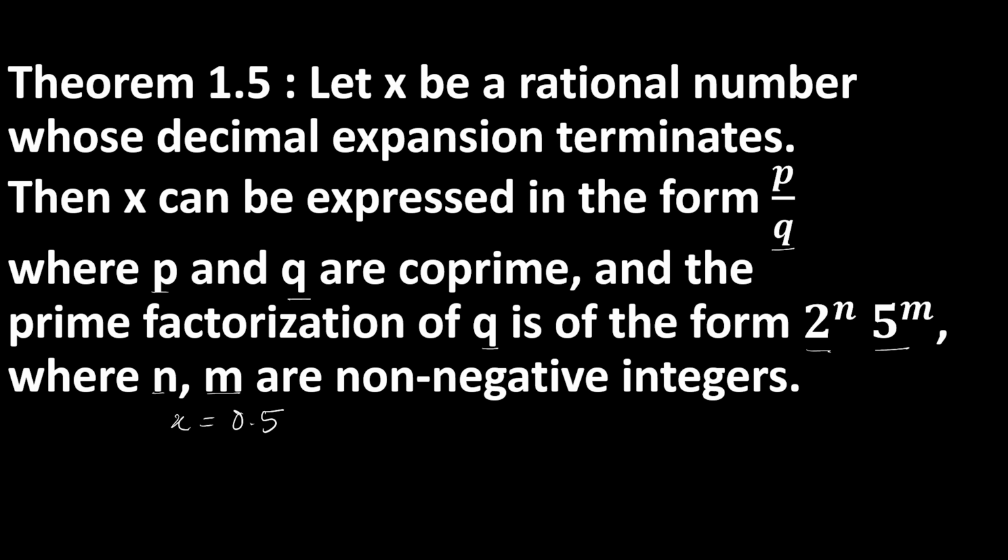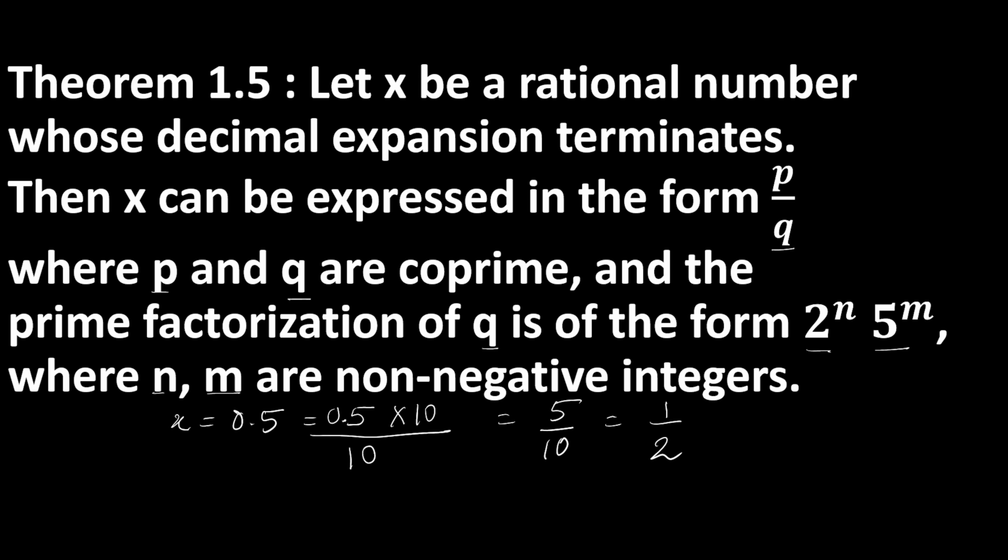So let's try it out. We can write 0.5 multiplied by 10, and in the denominator we also multiply by 10. So what are we going to get? We will get 5 by 10. Now, is this simplified? No, we can simplify it further to 1 by 2.